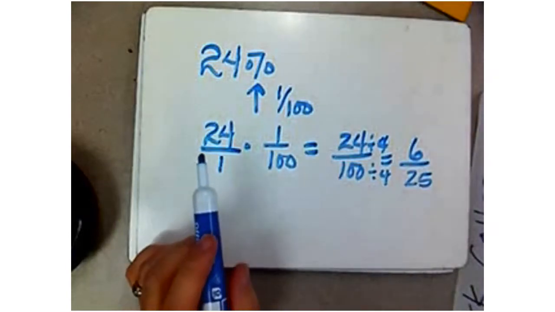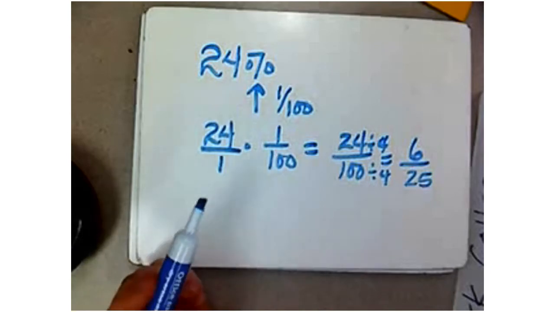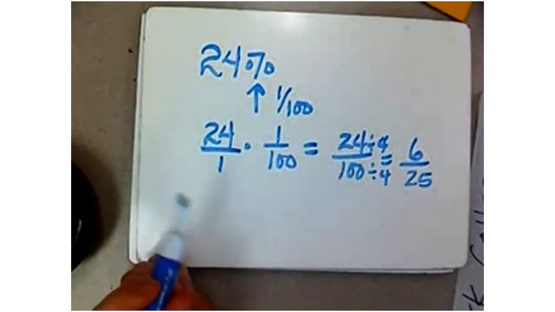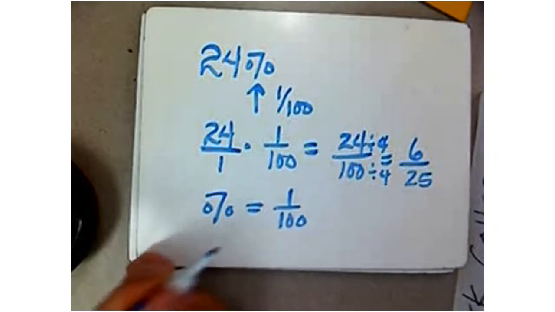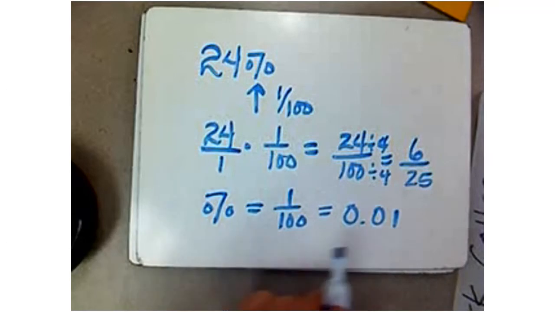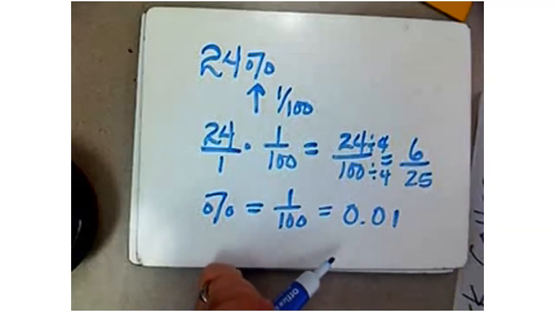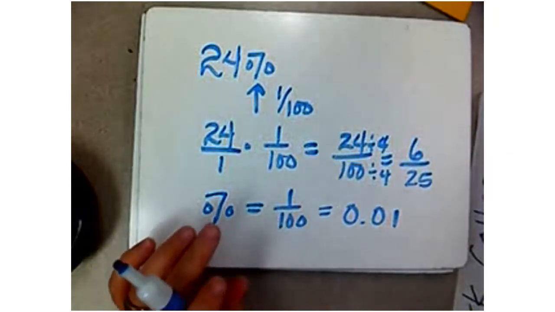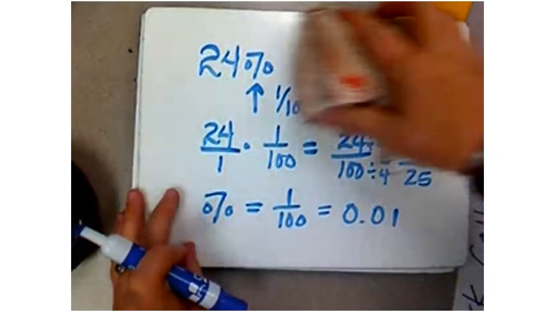So that's kind of a long way to show it. You can always just put the 24 over 100 and simplify. It just means the percent sign has value. It means 1/100th as a fraction or 1/100th as a decimal. And when it's sitting next to our number, it's multiplying that number times that fraction or decimal equivalent so that you get the fractional or decimal equivalent of the percent.